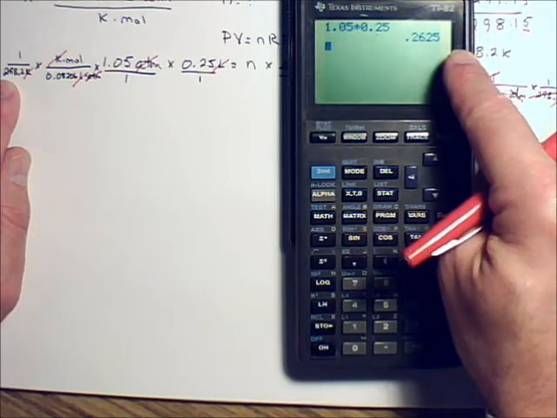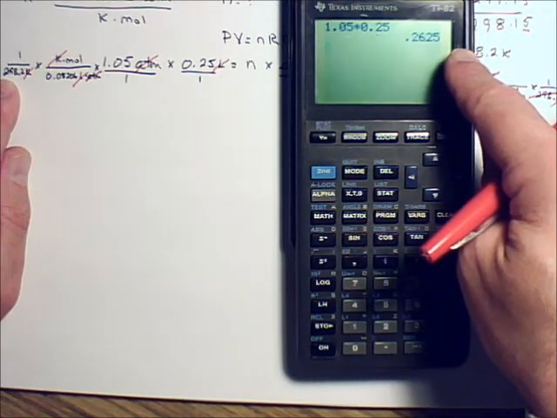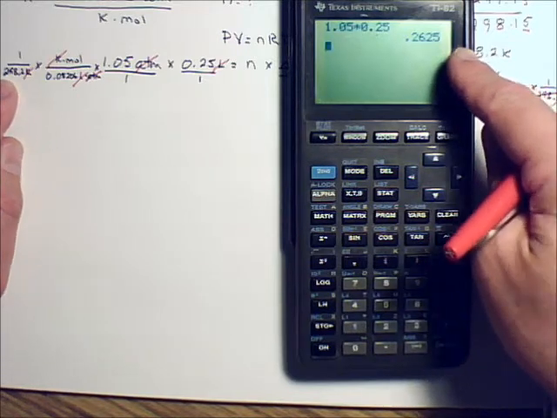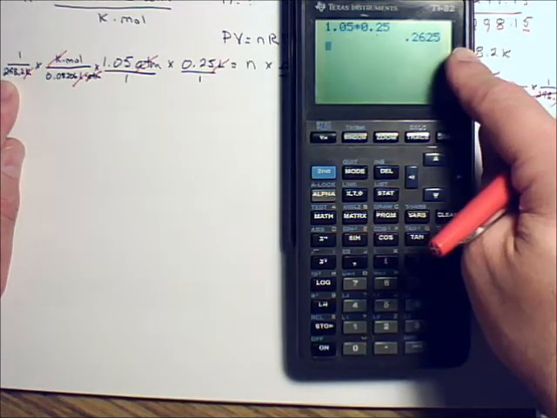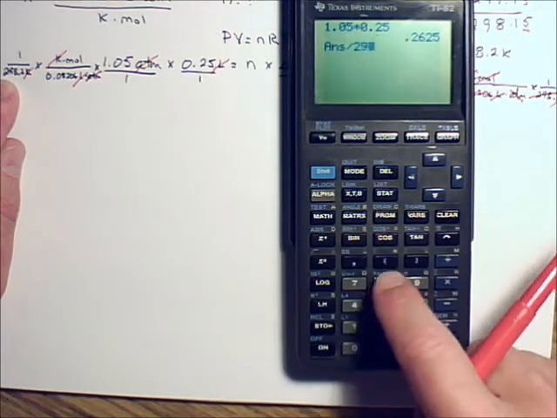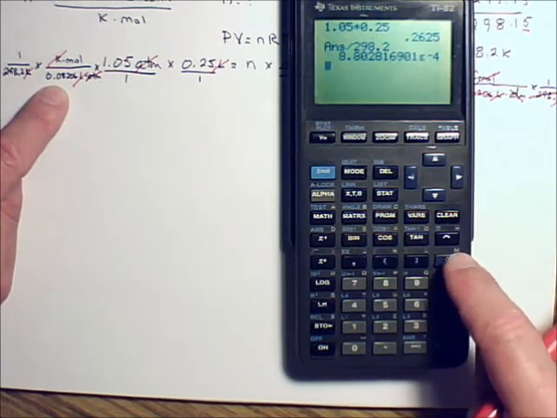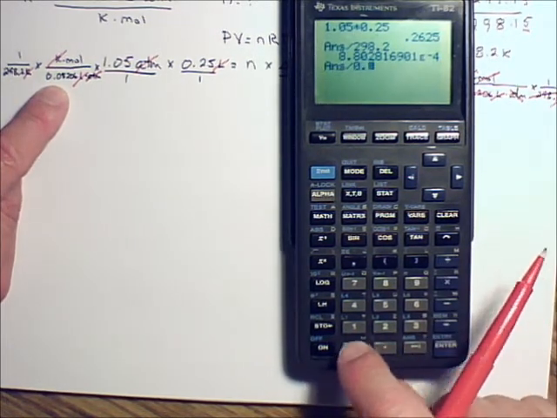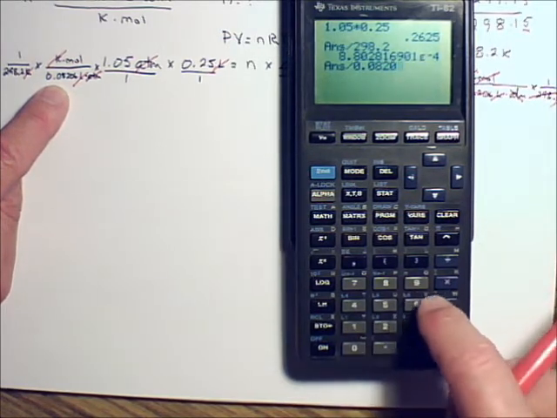So once I've got an answer, once I've hit enter or equals on my calculator, James and Skylar, and Dick, let's pay attention here. Okay. Then I can divide. Now that I've got that answer, I'm going to divide by 298.2. Hit enter. Then I'm going to divide by 0.08206.